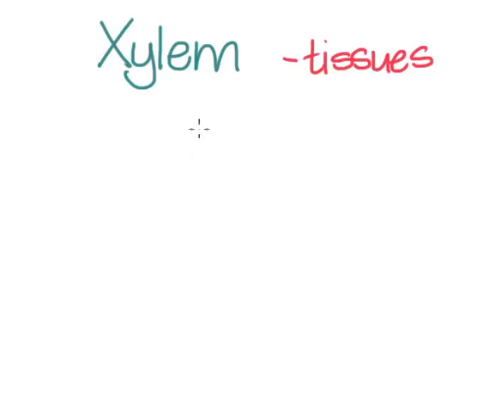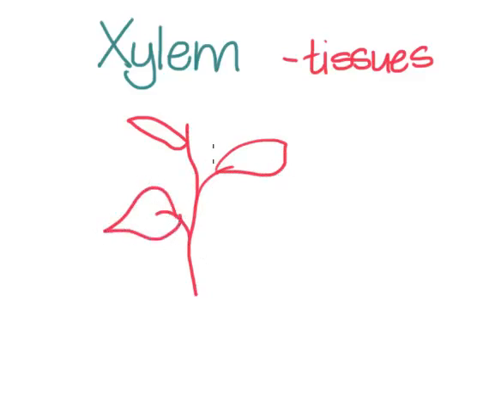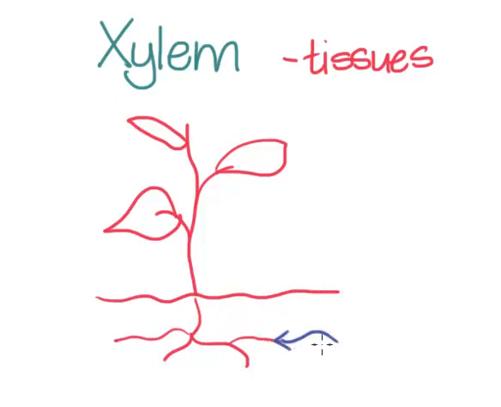Now, plants need vessels or tube-like cells in order to carry substances around their bodies. We need to remember that plants are going to be absorbing water from the soil, and that the water is in fact needed here in the leaves in order for photosynthesis to take place.